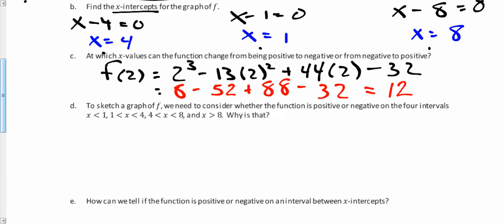Now, it says to sketch a graph, we need to consider what the function is, whether the function is positive or negative on the 4 intervals.